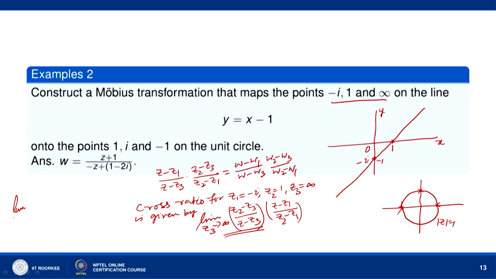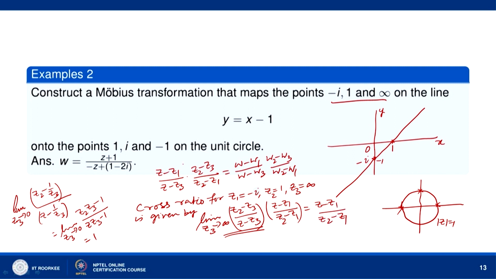We can find this limit by writing it with 1 by z3: (z2 minus 1 by z3) divided by (z minus 1 by z3). So, this will be the limit as z3 goes to 0 of (z2 z3 minus 1) divided by (z z3 minus 1). So, this is 1, and this gets reduced to (z minus z1) divided by (z2 minus z1).